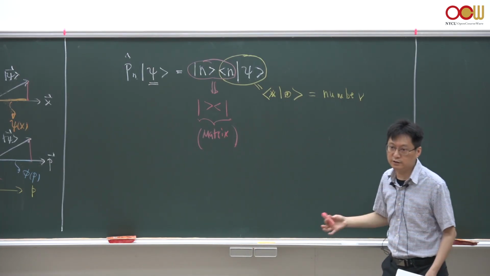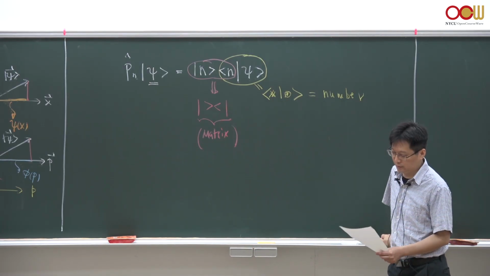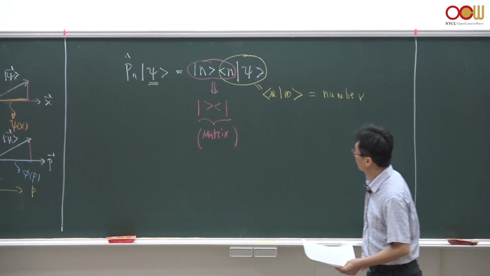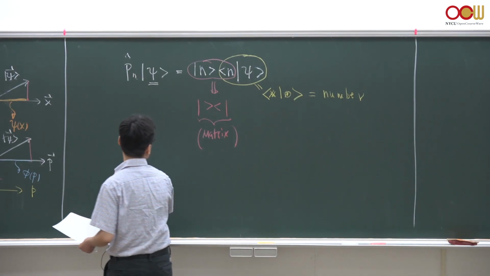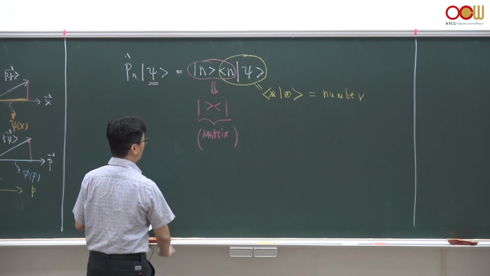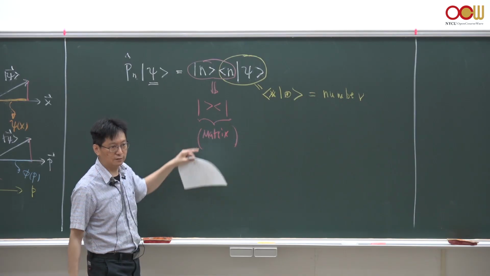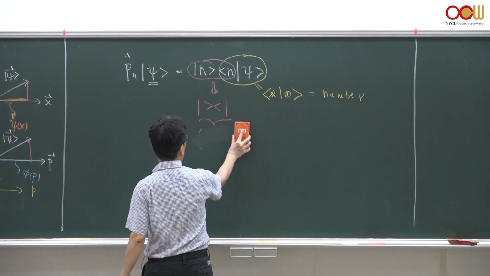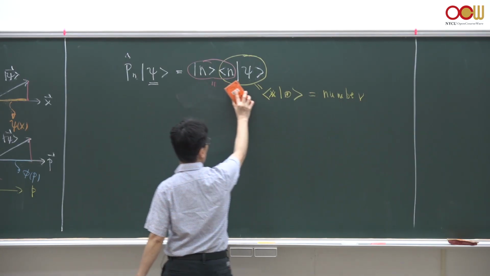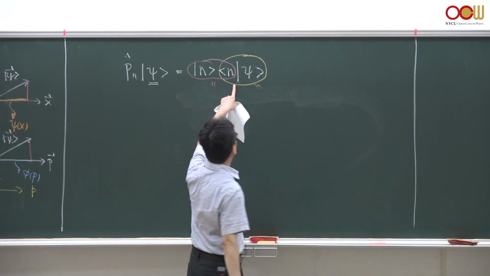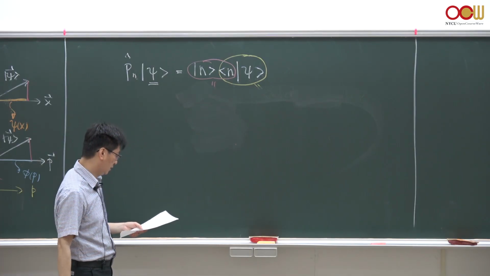So it is easy to distinguish between a number, which is the inner product between two vectors, or two Dirac states, and the operator expanded by a Dirac state. When you have that expression on the right-hand side, you must look for a number, and this is a number marked by yellow.